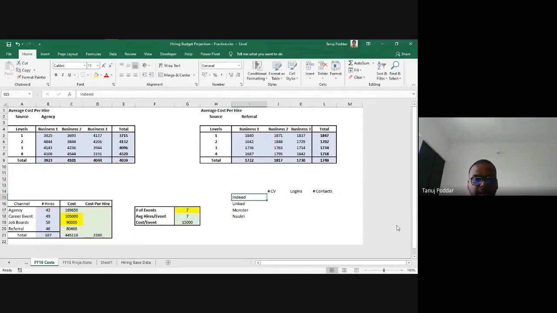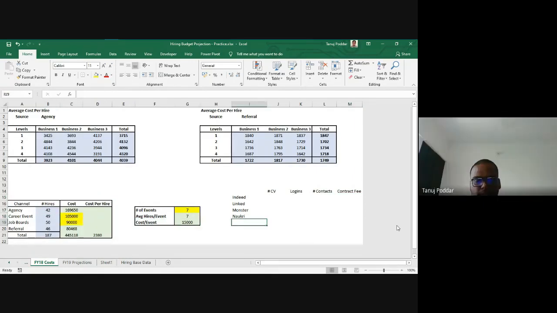So based on that, I get a certain contact fee. This is generally a prepaid cost that I pay for the year, and basis the summation of this cost, I'll put the number here for the job boards.